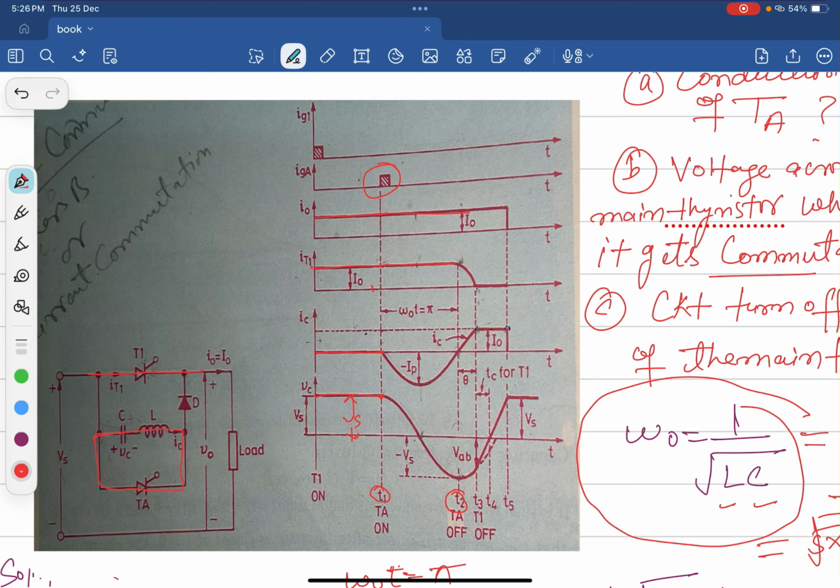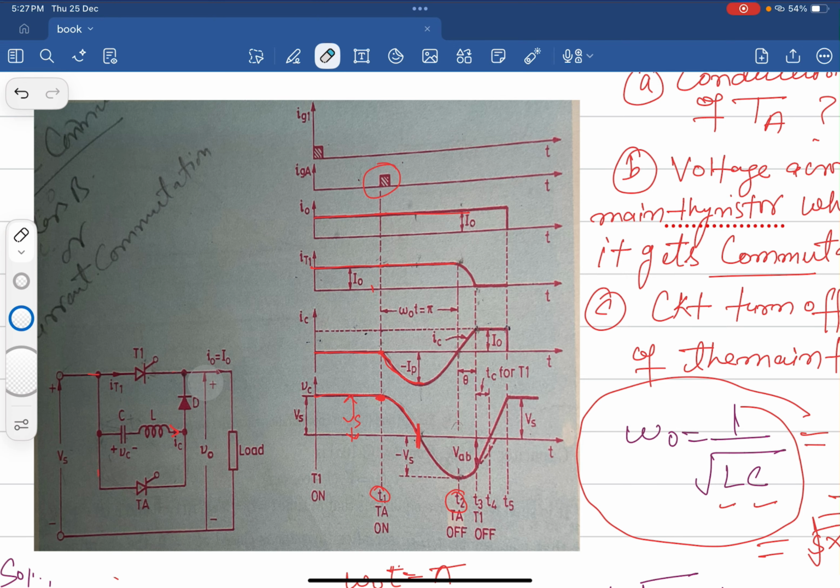But here the charging current IC is flowing in the negative direction, because of its polarity as marked here. It is flowing in the opposite direction, so you get this curve. The voltage across the capacitor reduces, it starts discharging and reaches a value of 0.